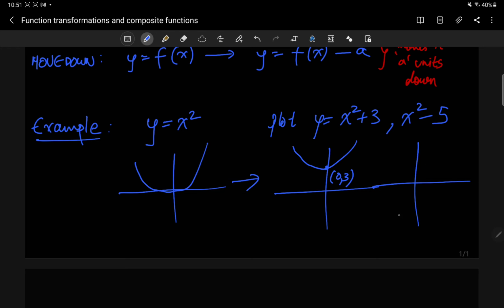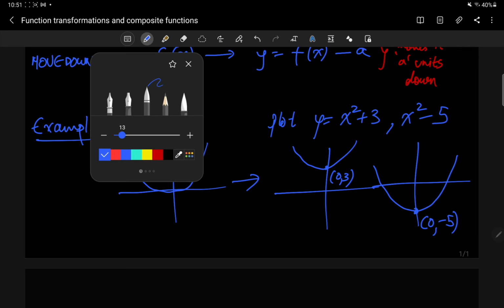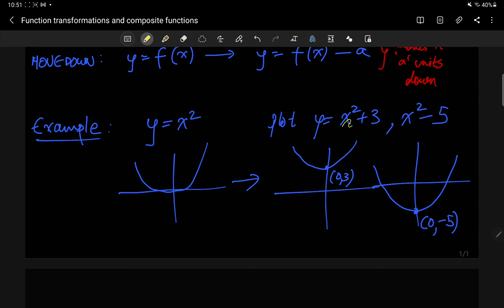Whereas x squared minus 5 means you move it down by 5, and now the vertex is (0, negative 5). And you can verify that this is correct because when x is 0, y is 3, that's why (0, 3). And when x is 0, y is negative 5, that's why (0, negative 5). So these are called vertical shifts of the graph.